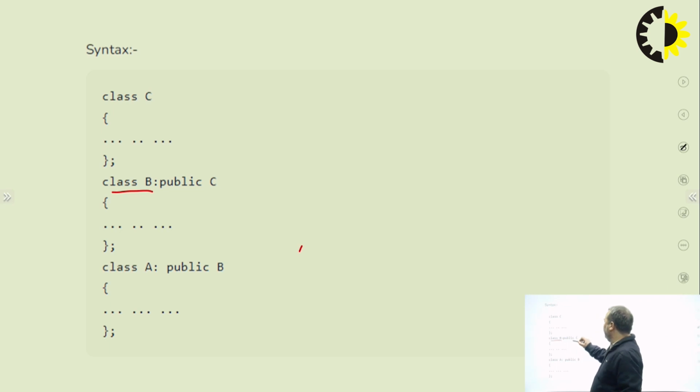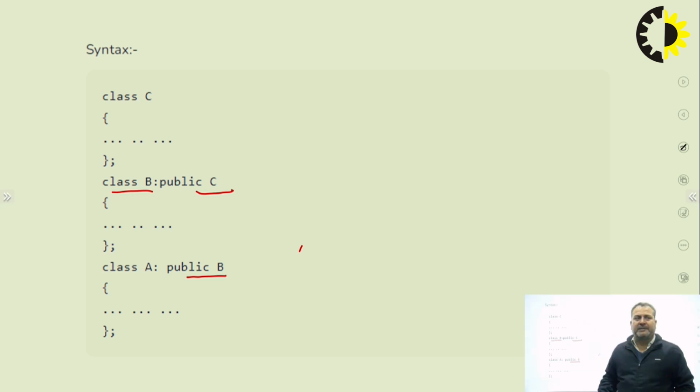Class B is going to inherit the property of C, and class A is going to inherit B. So A inherits B, and B is inheriting C, meaning A inherits B as well as C, depending on the access specifier.